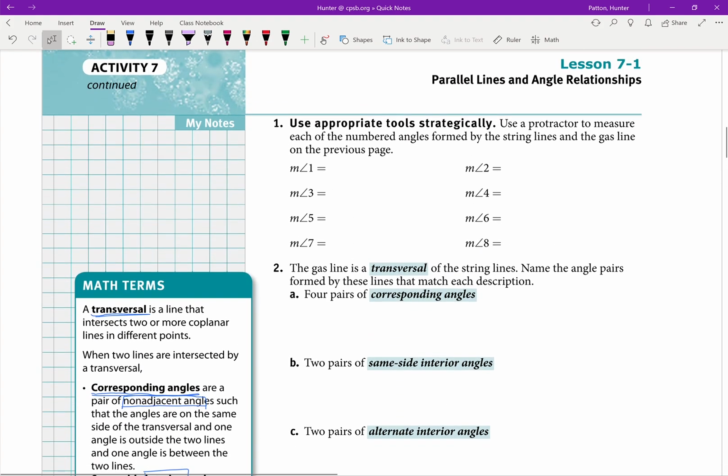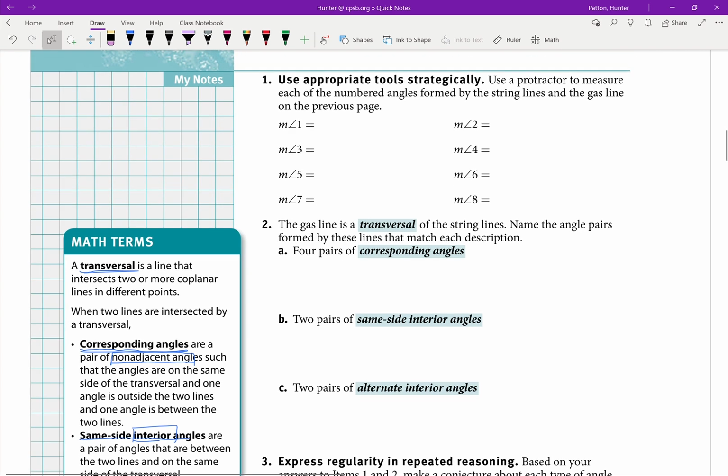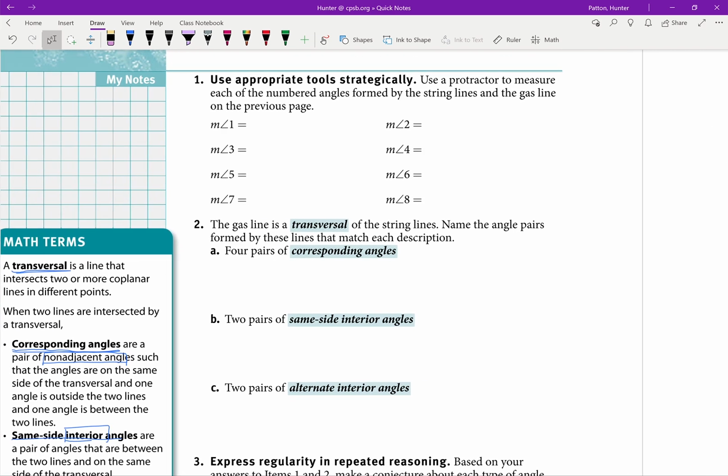Alright, so we are back, and if you read number 1 correctly, you probably needed to grab your protractor. Number 1 says, use a protractor to measure each of the numbered angles formed by the string lines and the gas line on the previous page.